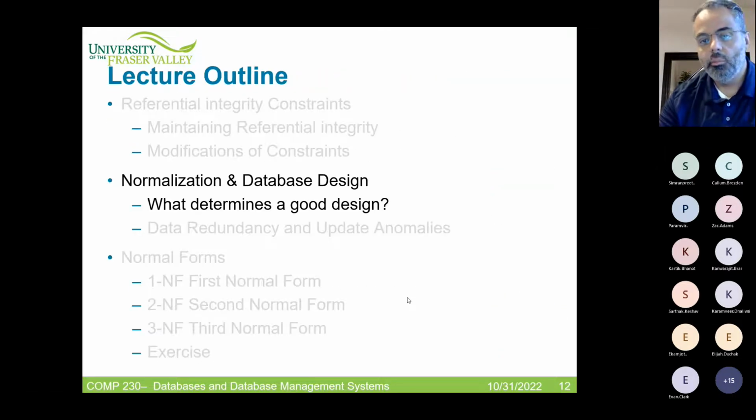Before I go, is anyone familiar with the word normalization? Maybe you have already heard this word, maybe in math. Go ahead, Josh. What do you know about this word? Just know it from math.